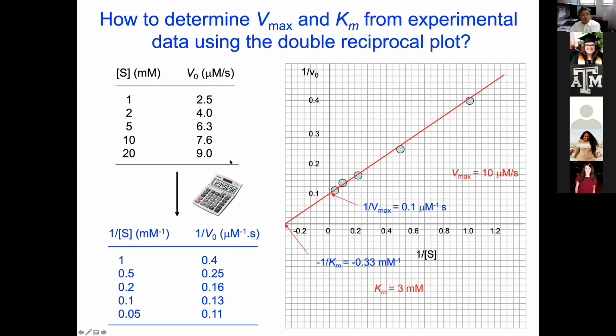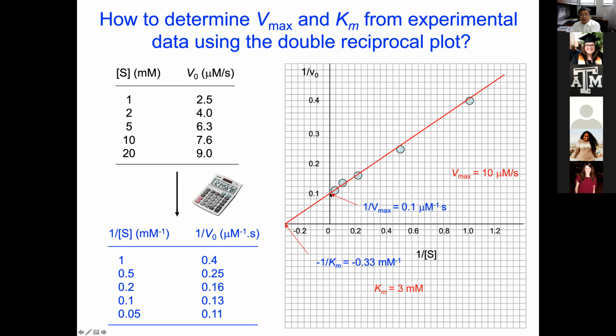If you want to do a double reciprocal plot, the first thing you do is take the inverse of all the substrate concentrations. The inverse of 1 equals 1, the inverse of 2 equals 0.5, the inverse of 5 equals 0.2. We calculate all those numbers, the inverse of substrate concentration and the inverse of velocity of the reaction. Then when we make a plot, we have this linear relationship.